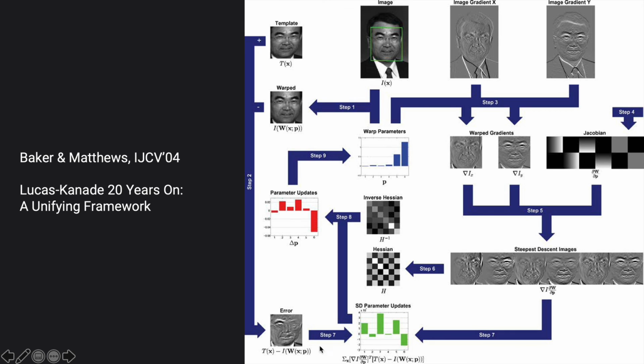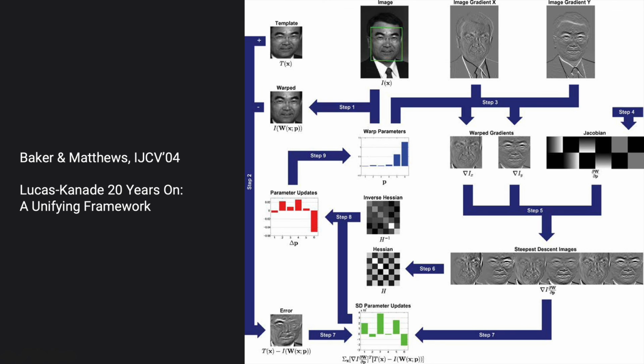After we get the error, we can calculate the gradient image, and the gradient image will look more or less like this. It's very similar to the gradient images we use to detect corners or edges in image processing.